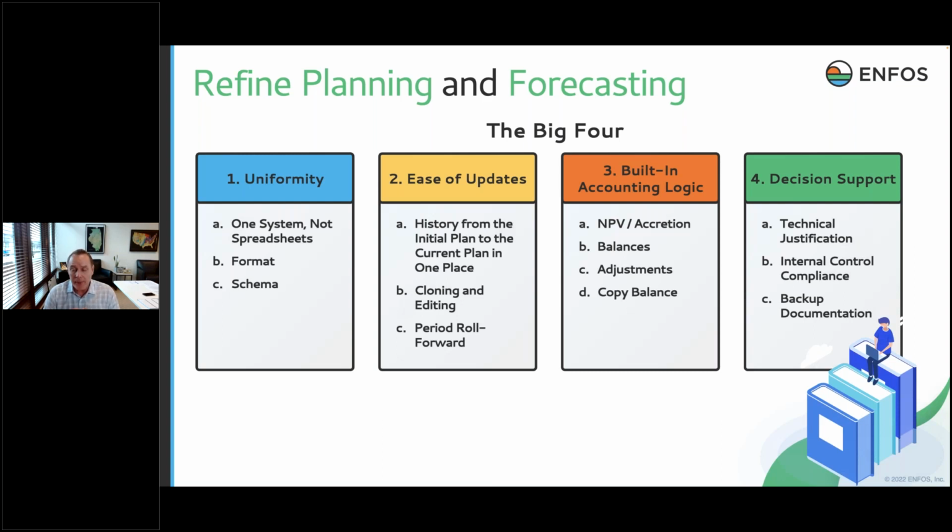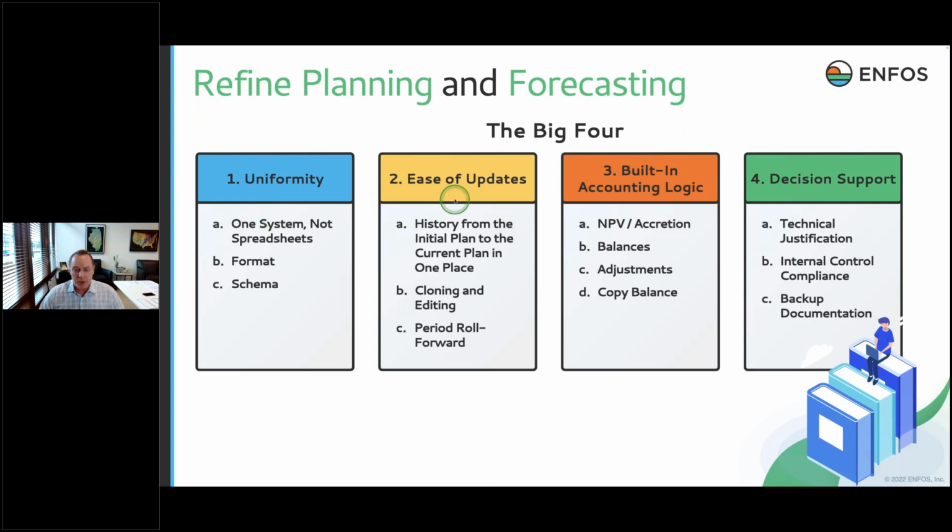I've already talked about many of these, but again, this puts it together in one graphic for you. Uniformity has a lot to do with what we talked about. We talked about the project hierarchy, and we talked about the work breakdown structure, and we talked about the extension of the work breakdown structure across all processes. So that is one system, that's format, and that's schema.